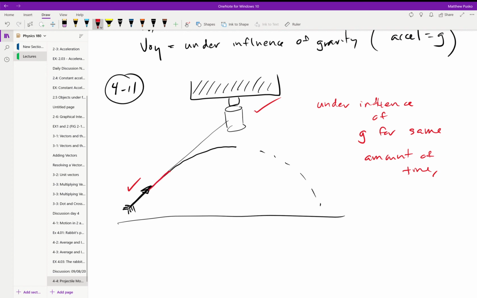So as this takes a parabolic trajectory, at that time it's going to be a little bit lower, some delta y, than where it would have hit with a straight line trajectory. But guess what? That's exactly where the can would be. So if we released it from 1 and let it fall to 2, but it released at the same time as the arrow was shot with some velocity, then they still hit because they are both under influence of gravity for the same amount of time.